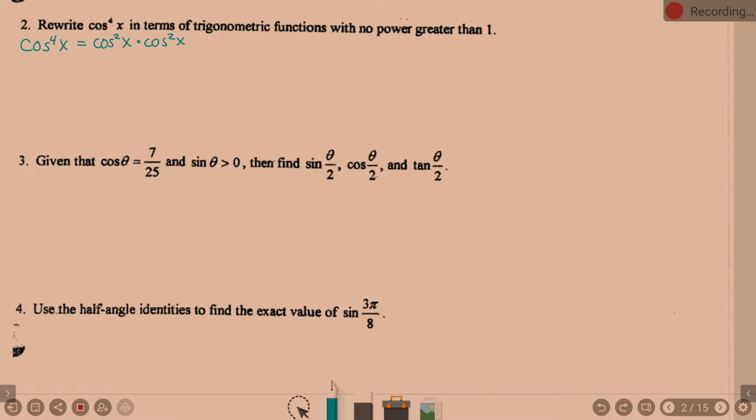Now, what do we know about cosine squared x? It equals 1 plus cosine 2x over 2. So can we replace that? Just multiply them to each other.